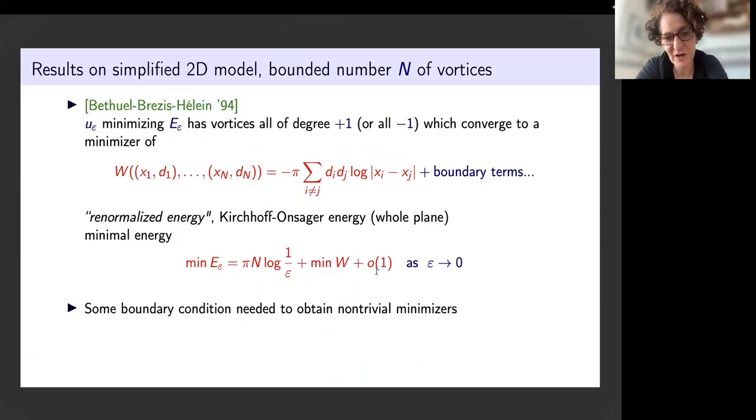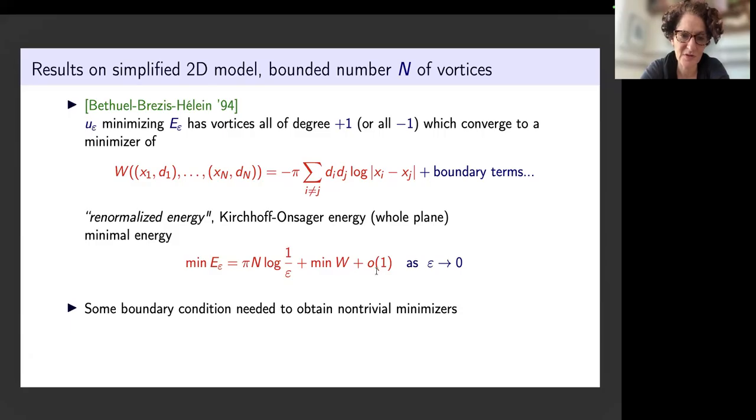Okay, so on this simplified model, there were a lot of studies like 25 years ago. People assume that you're in a situation where you can bound the number of vortices. For instance, you have a Dirichlet boundary condition that imposes a topological degree equal to, say, capital N, fixed, and then you still let epsilon go to 0.